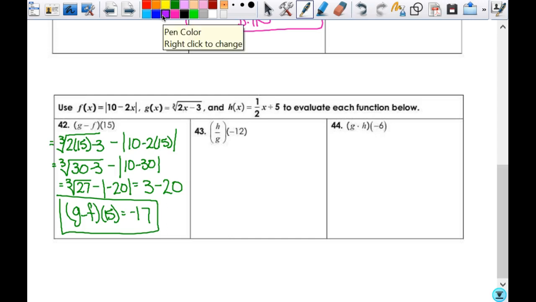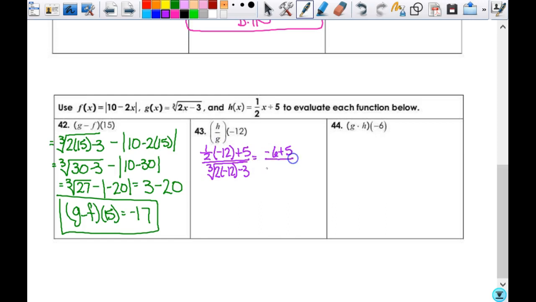All right. So then h divided by g of negative 12. h of negative 12 is going to be 1/2 times negative 12 plus 5, divided by the cube root of 2 times negative 12 minus 3. So that's going to give me 1/2 of negative 12 is negative 6, plus 5, over the cube root of negative 24 minus 3.